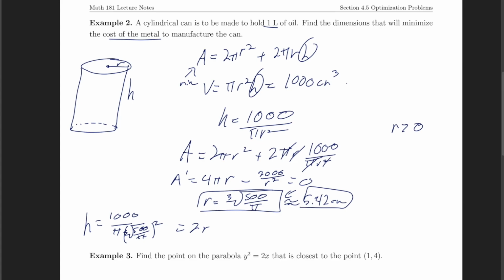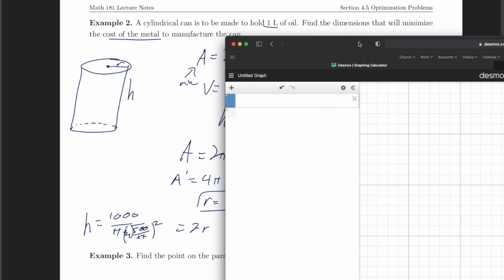Sometimes using a graph is an amazingly good idea. So let's go ahead and get rid of that, and open up Desmos. We're going to graph this using Desmos.